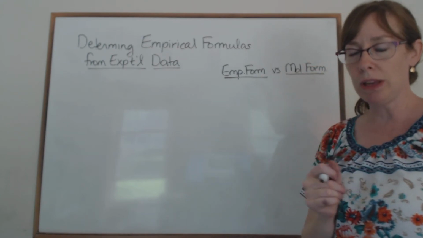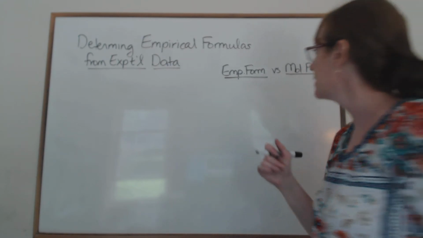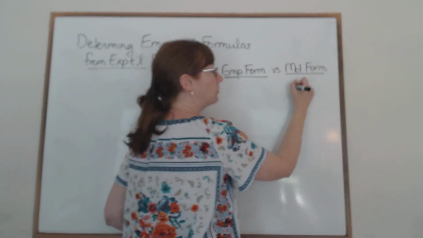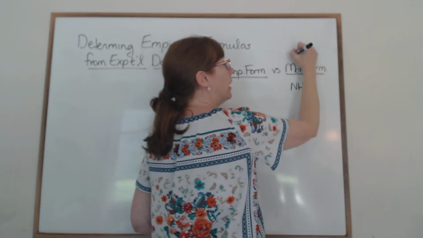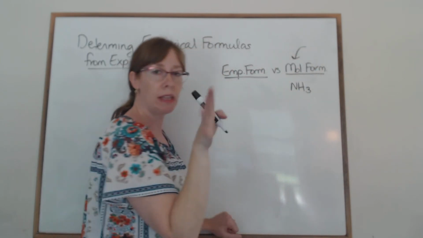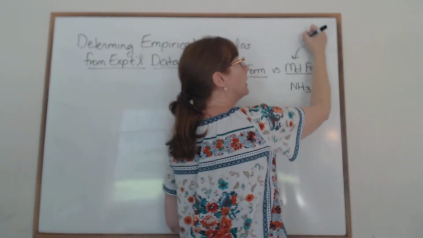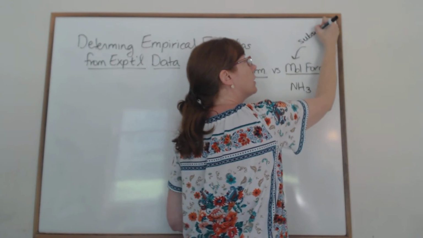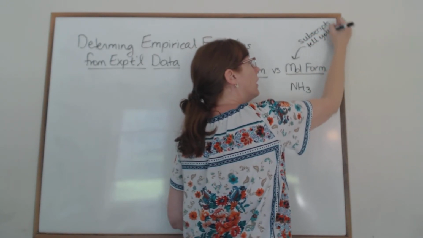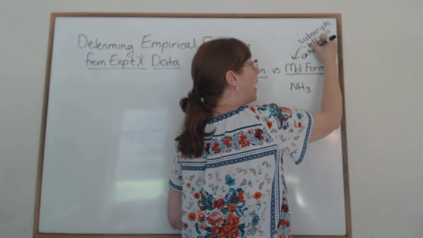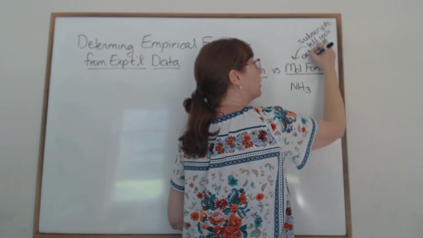You're going to see exactly what is happening just as I do it. So molecular formulas are simply what we've been using this whole time. Molecular formulas are where the subscripts tell you the actual number of atoms in the compound.